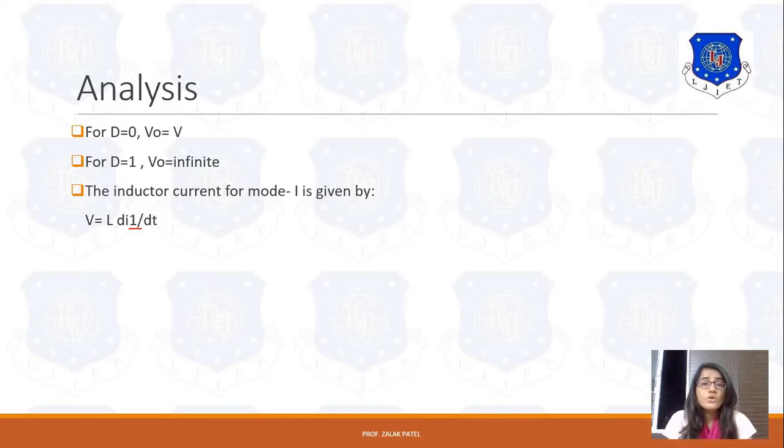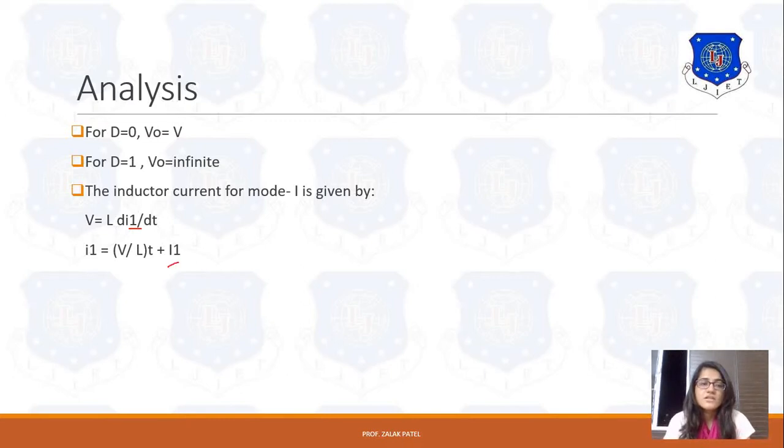Now if we want to write this equation in current form, we have to take the integration of the term. So it is I1 equal to V upon L, where L goes into the denominator, V upon L into T. Why into T? Because of the integration of dt, but there is no time term present in the above equation, so the integration of 1 is T. So V upon L into T plus I1.